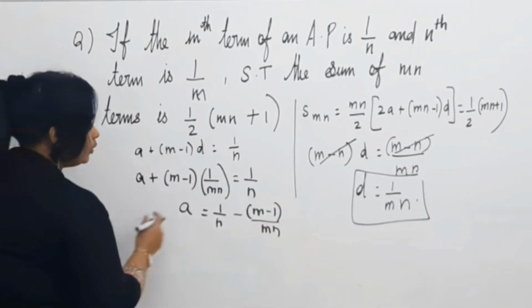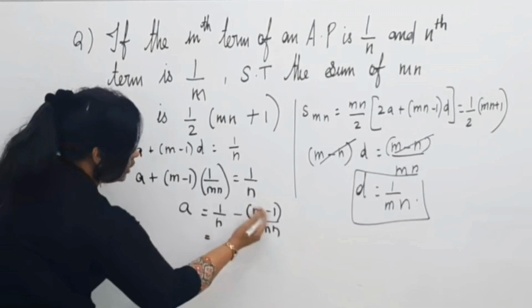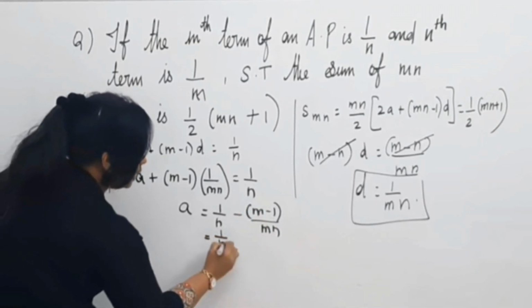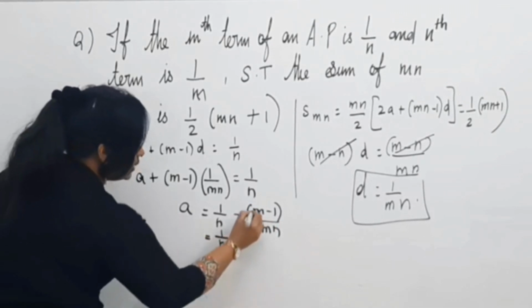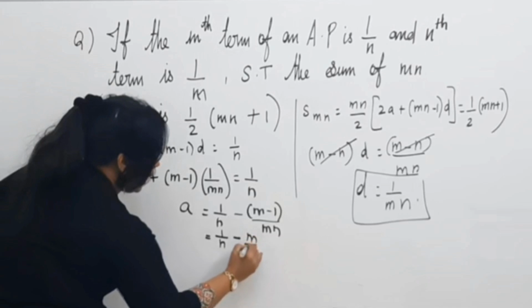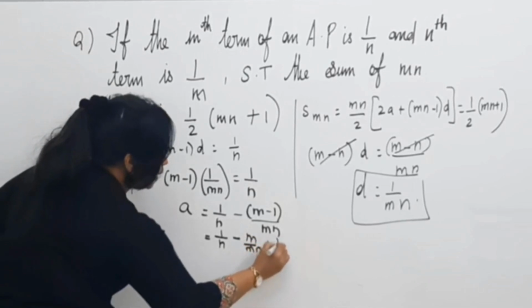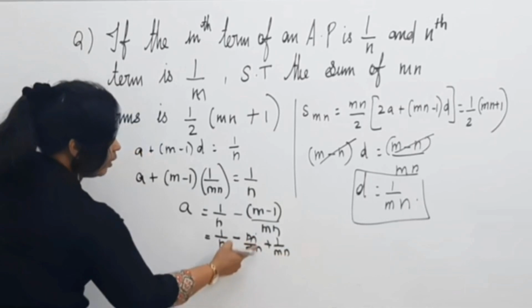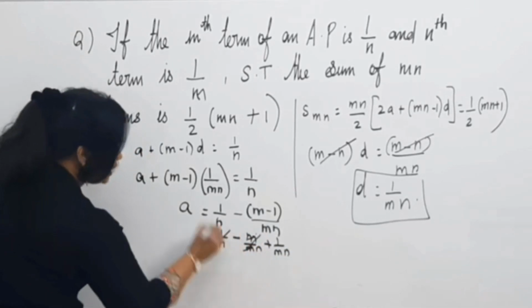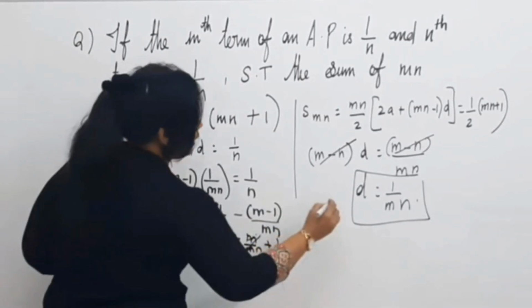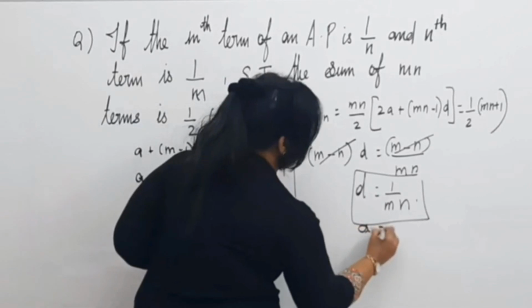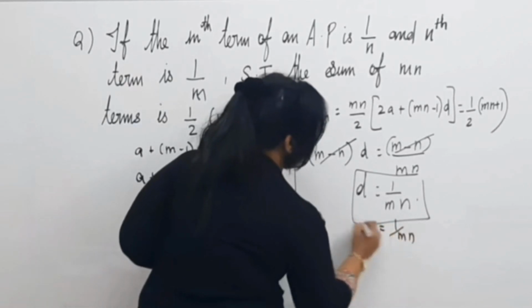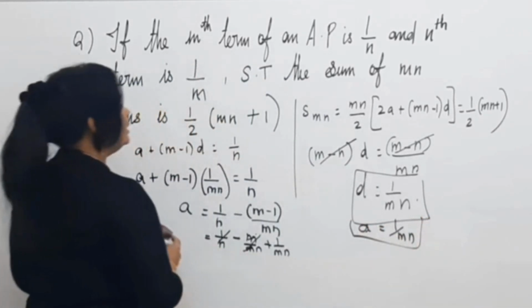Now I'm going to bring out the bracket: 1 by n minus m by mn. Minus into minus is plus. So mn gets cancelled, and 1 by n minus 1 by n plus 1 by mn, the 1 by n's get cancelled. So my A is also 1 by mn. So both A and D are the same.